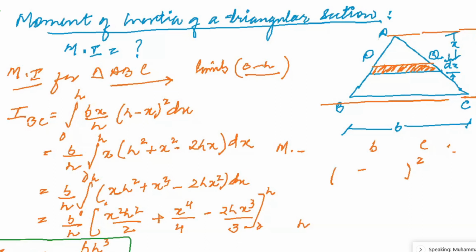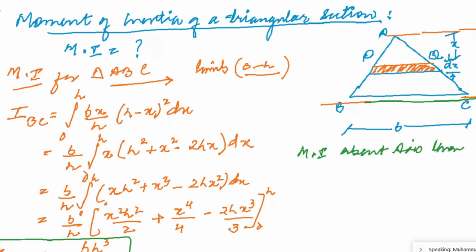What we need here is moment of inertia of a section about an axis which is passing through center of gravity and which is parallel to x-axis.